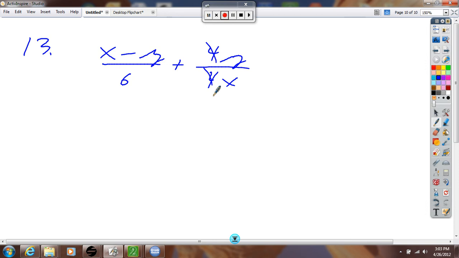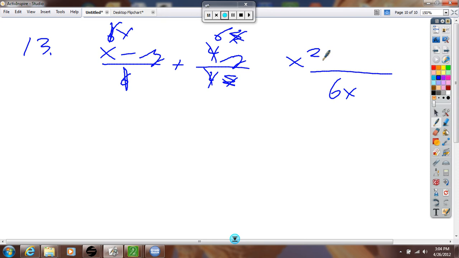So what's my common denominator now? 6x. What cancels? 6's over here. The x's. What's left? Multiply. X times x minus x times y plus 6y.